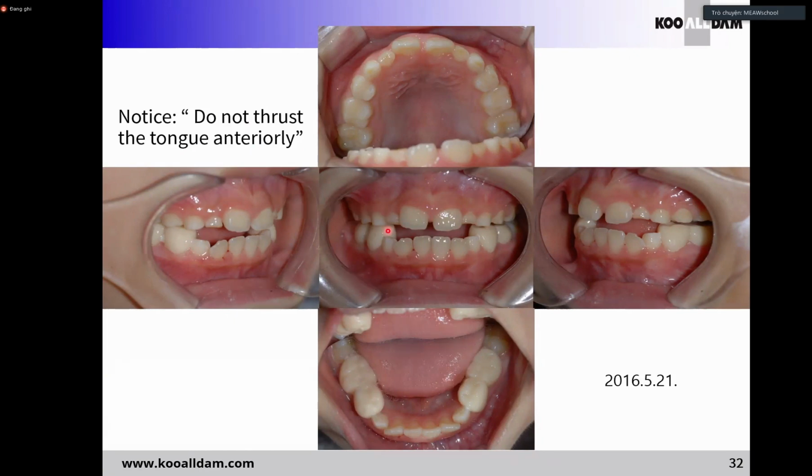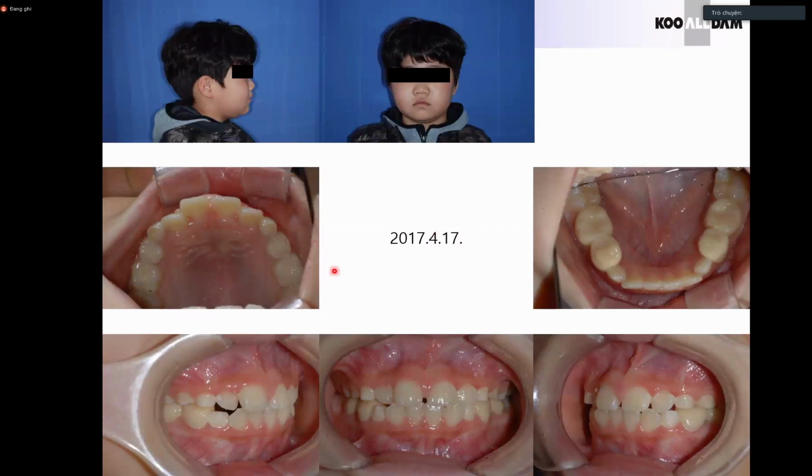At that time, we can see anterior open bite. So you should tell the patient not to thrust the tongue anteriorly in this area. And then during the eruption, we can see the proper overjet relationship.